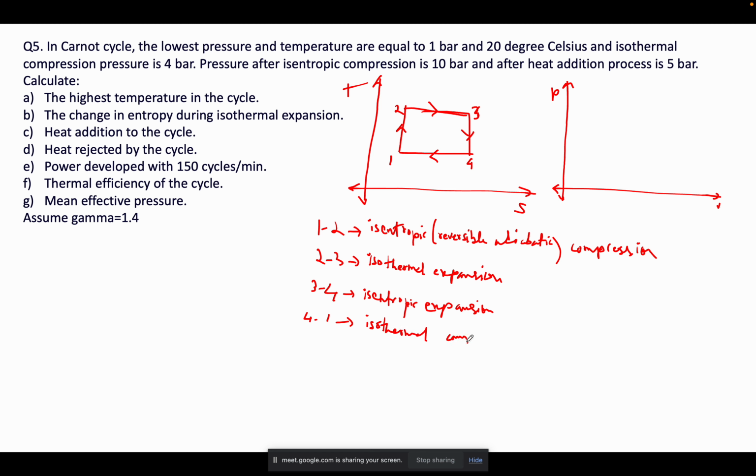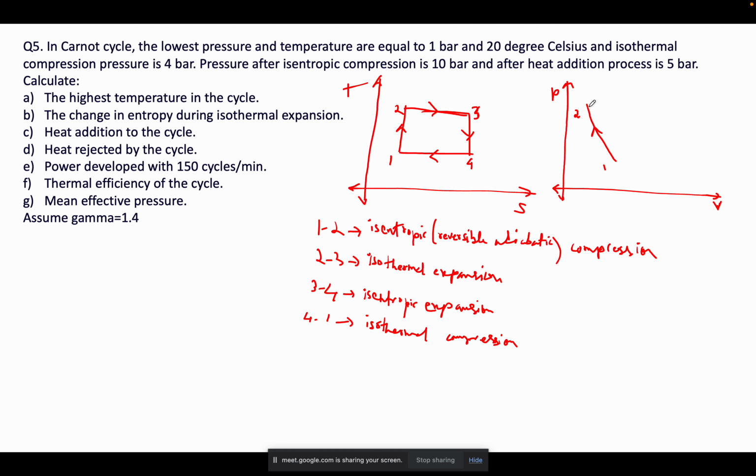And we know that whenever we compress, pressure increases and volume decreases, and whenever it expands, the opposite happens, that is volume increases and pressure decreases. Okay, so 1 to 2 is isentropic compression, and isentropic is adiabatic, and adiabatic slope is higher than isothermal slope. So how in a PV plot will it look? Say this is my 1 to 2.